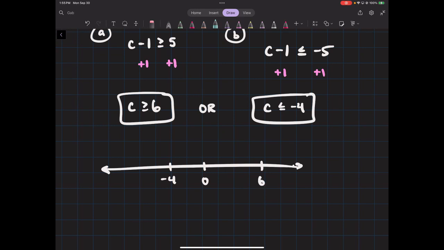You put the closed circles at 4 and 6. Okay, and then? For the 6, which way, right or left? For 6, right. For the negative 4? Left. Good.